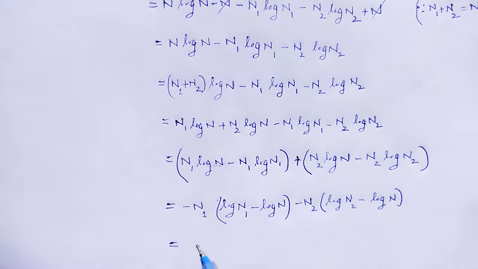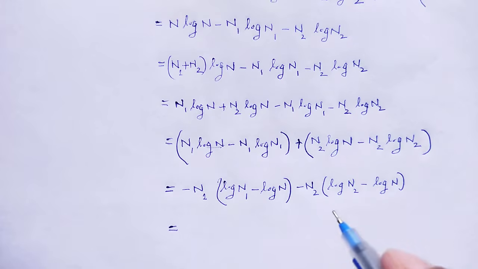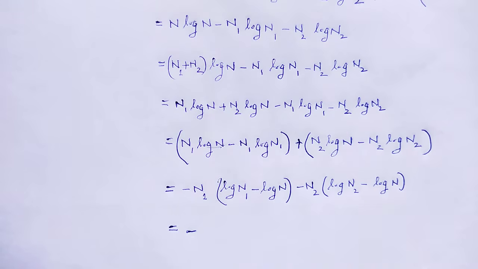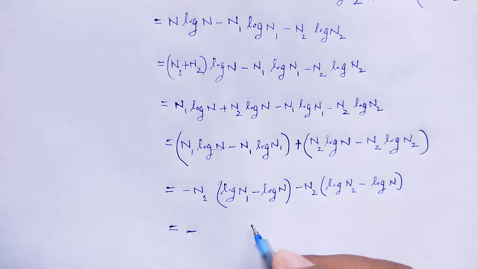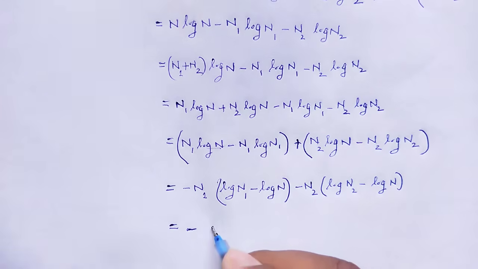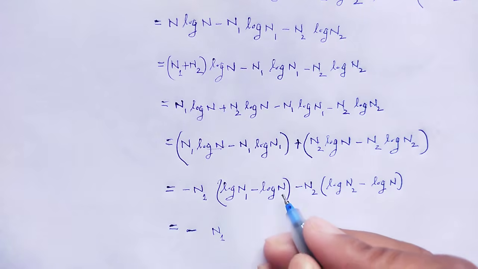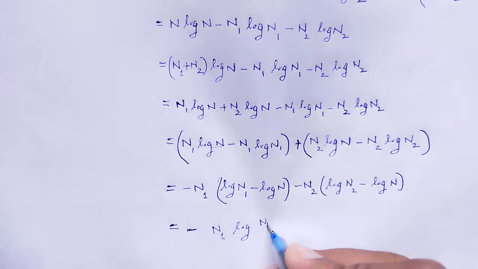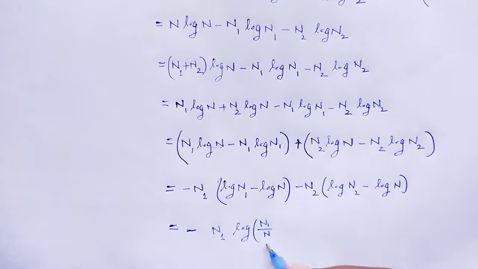Is equal to, from these two terms, minus can be taken as common: n1 (log a minus log b), log a by b, that is log n1 divided by n.